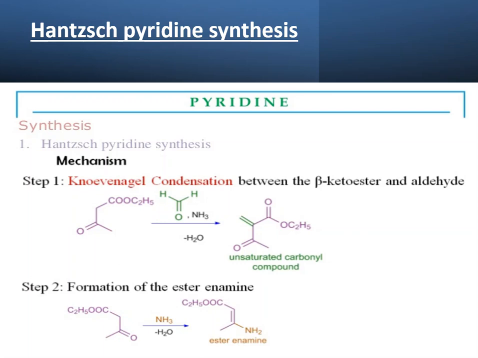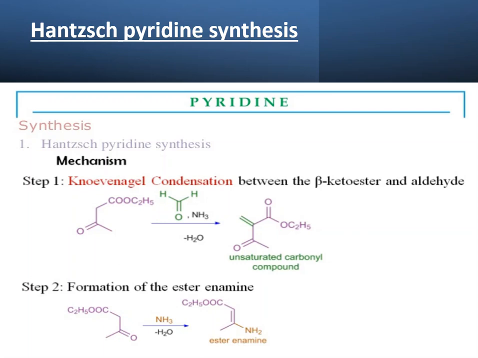Active methylene group undergoes dehydration to give you an unsaturated carbonyl compound. Second step is formation of an imine, so your ester will react with ammonia to form an enamine ester.